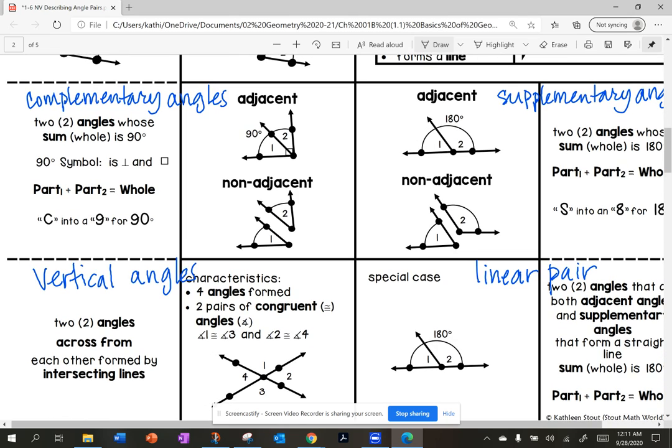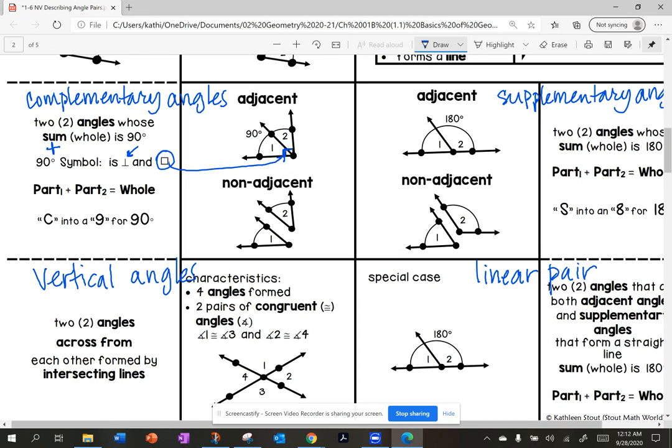Okay, complementary angles. Complementary angles are two angles whose sum, so I am adding, is 90 degrees. So I see a symbol that either is a perpendicular symbol or I see a symbol that looks like a box right here.